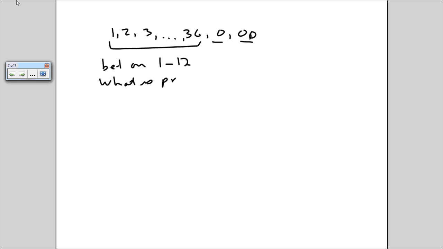What is the probability that you will lose the first 5 bets? Now, if you think about it, you're seeing a wheel. The wheel has no memory. That is, these are independent events.